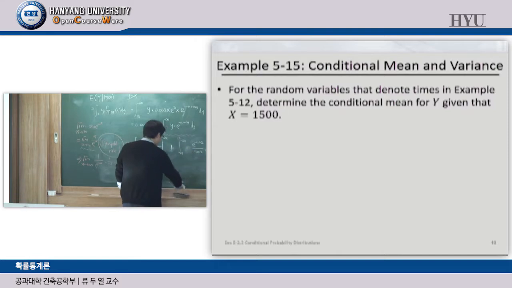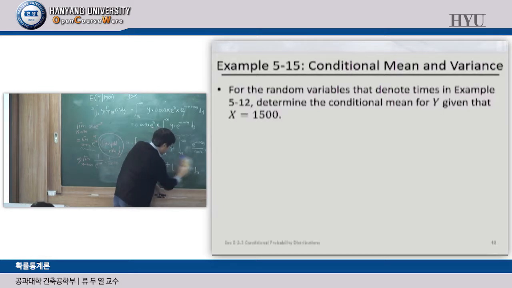So, this is equal to plus minus exponential minus 0.002y over 0.002 from x to infinity. And what is this? 0 minus 0 plus exponential minus 0.002x over 0.002, right?